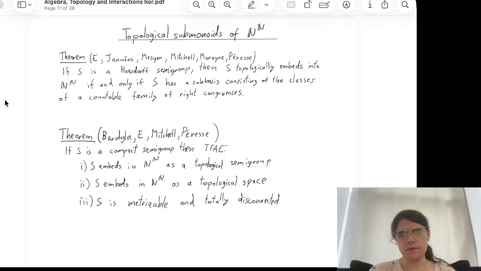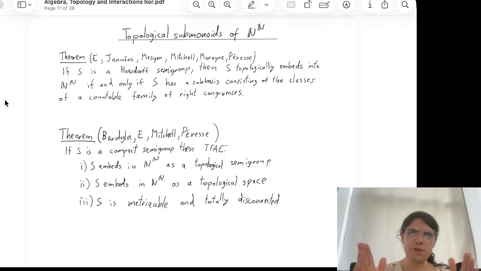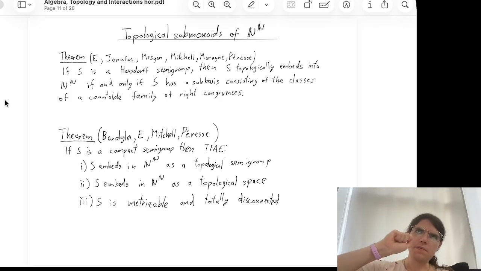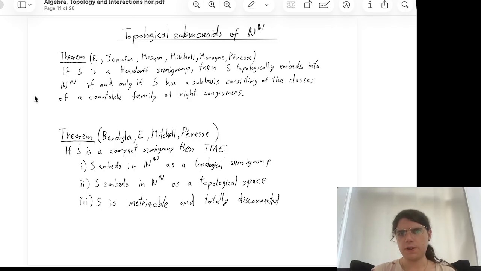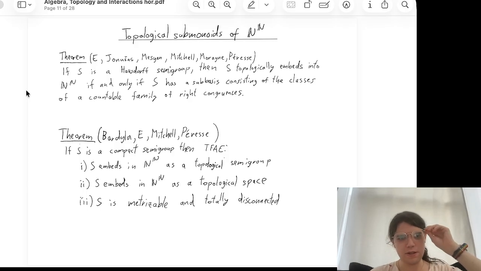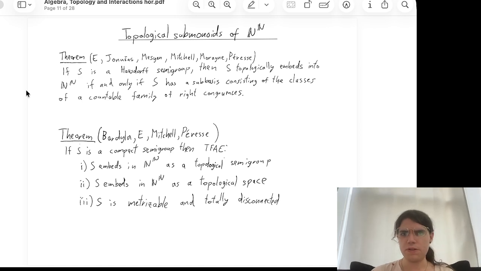Which makes sense if you're a semigroup theorist, since asking where a point goes in the action of N^N defines a right congruence, and this is how that works. So this tells you that the algebraic structure needs to be compatible with the topology in this way, which works for N^N, and this exactly describes how embeddability works. And this is also a generalization of a well-known group theory version of this result, which I'll talk about in a minute.